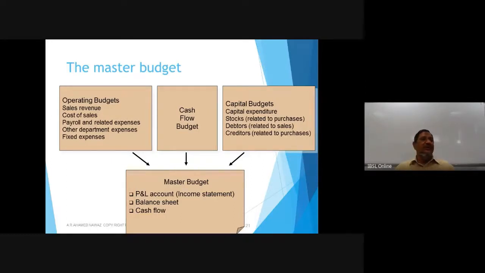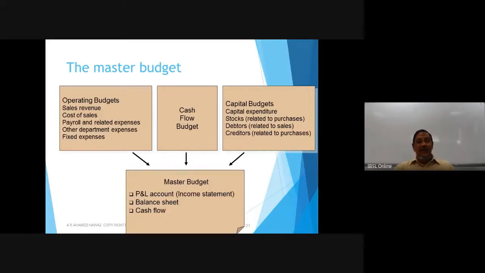Accountants call this a budget. The master budget has three components: the profit and loss account, the balance sheet, and the cash flow.